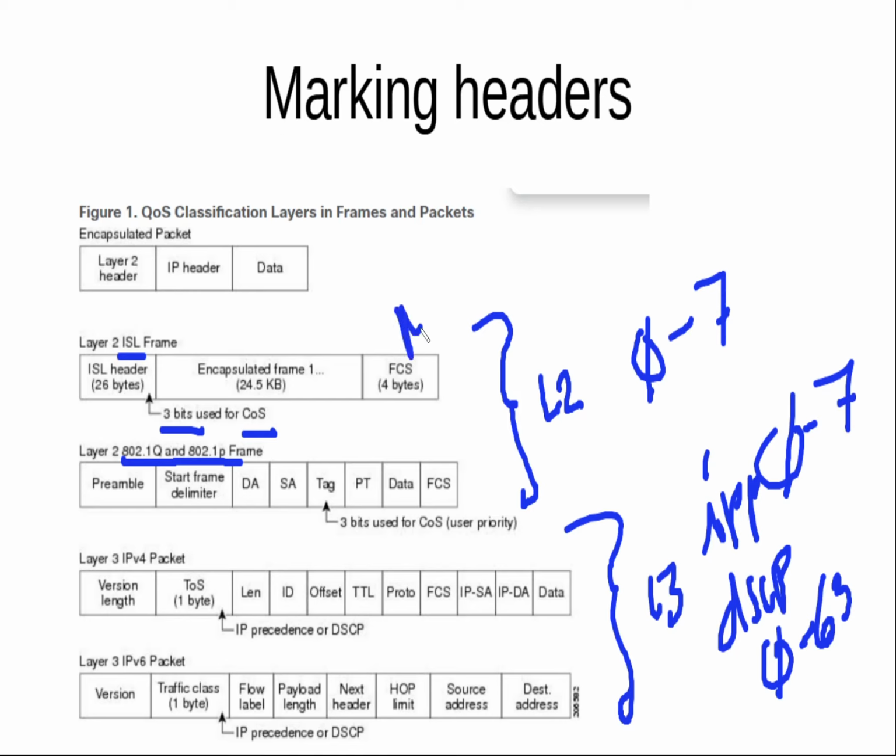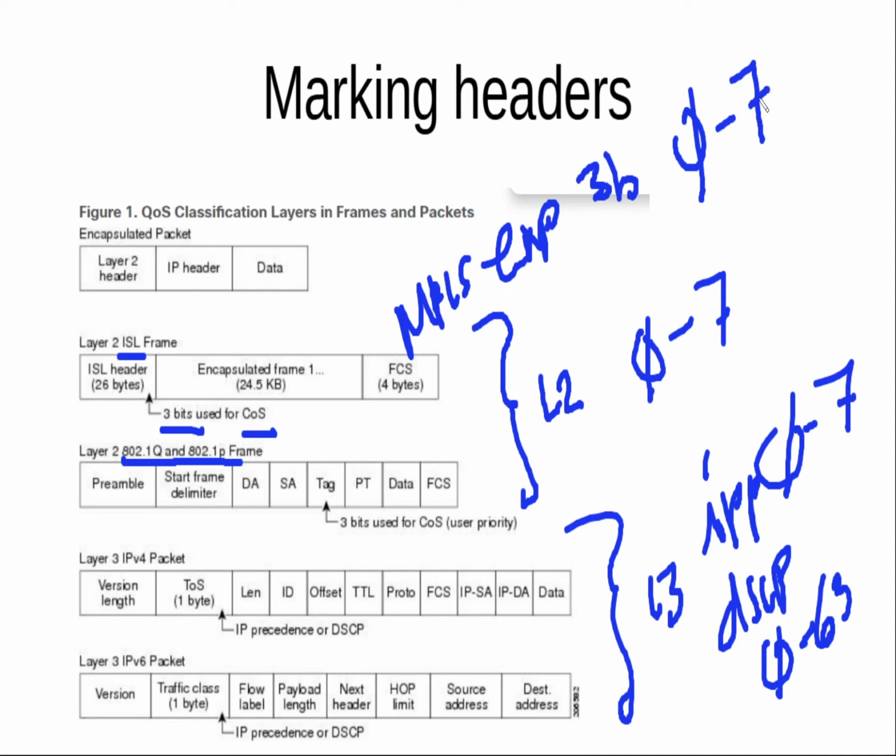We also have MPLS EXP for quality of service markings. That also is a 3 bit field, so we can use the values 0 to 7.